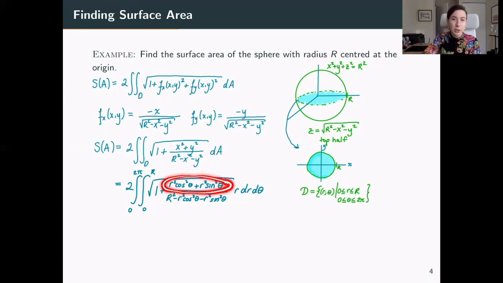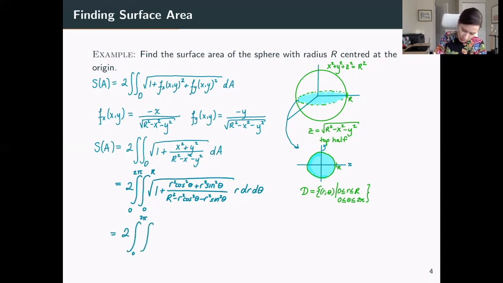And because cos squared plus sine squared is equal to 1, the inside of the integral ends up simplifying. We have 0 to 2 pi, we have 0 to our big R. And inside, first of all, we have this r from converting into polar coordinates. So that's going to go there on the outside.